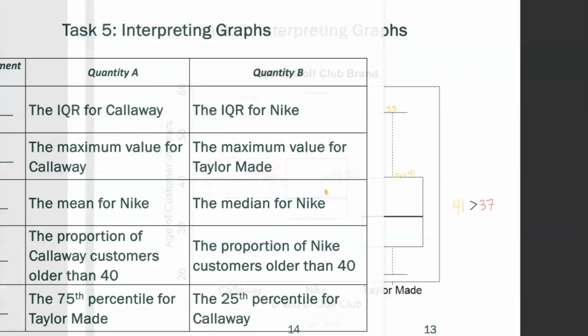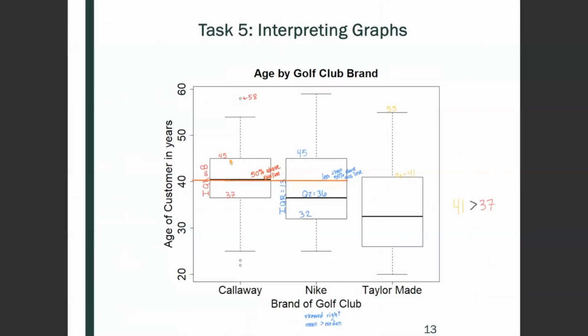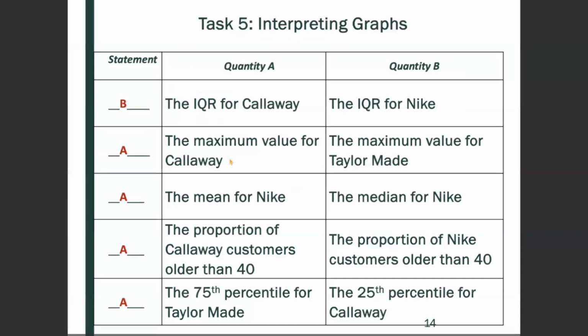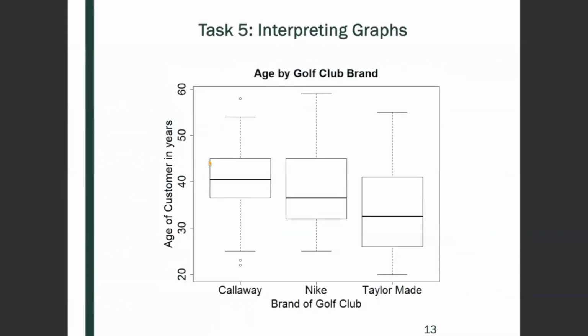Another way to look at it without necessarily calculating all the numbers is to look at which range is larger between these first two. And this is convenient because the upper quartile is equivalent. They line up pretty nicely.